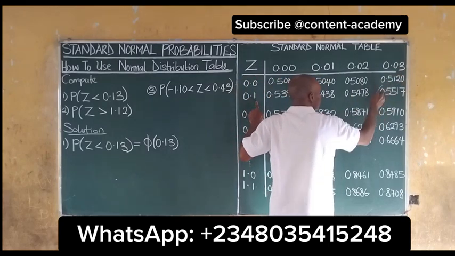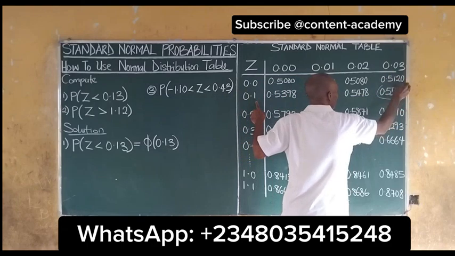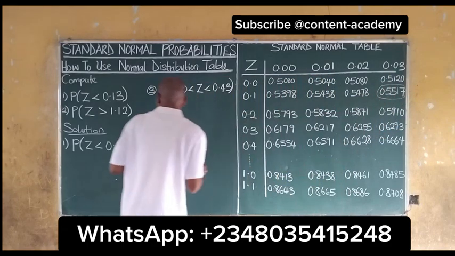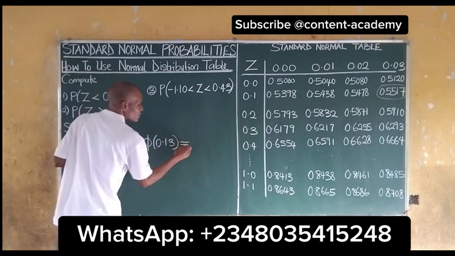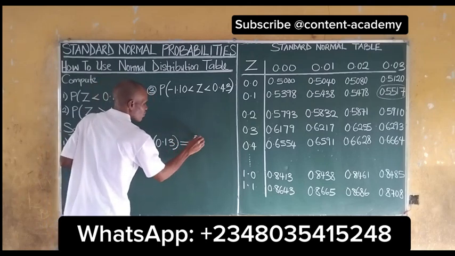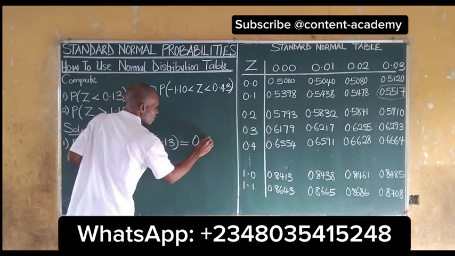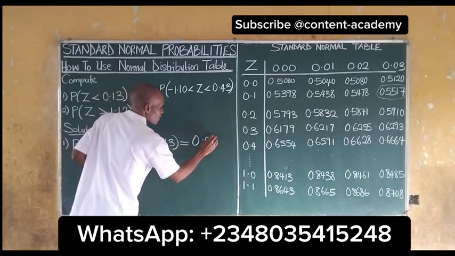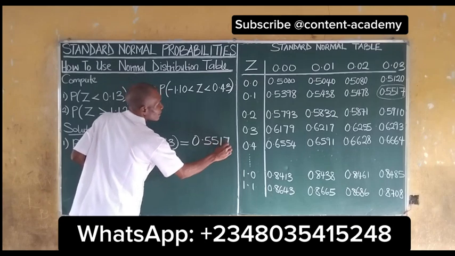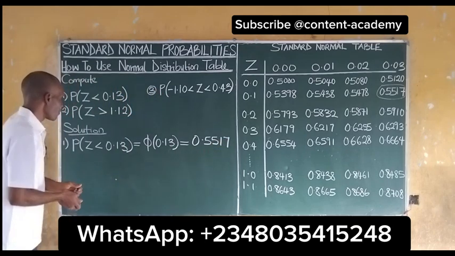So this will now become the value. So our probability for this will be 0.5517. So this is how we can compute that.